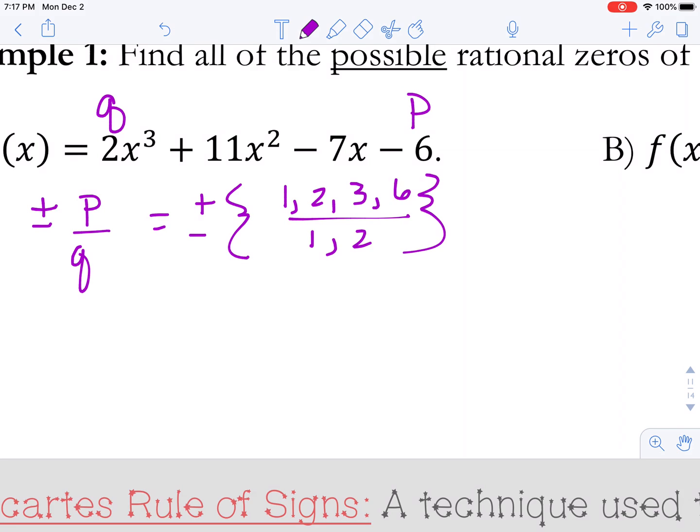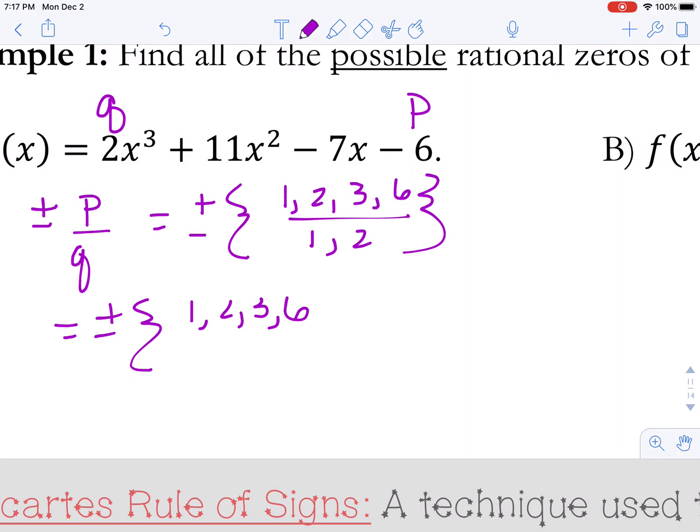On the bottom, we could have factors 1 and 2. So I have to look at all of the possible rational zeros. So that final answer is going to be plus or minus. And again, I'm going to put it outside because I could have plus or minus either one of these. So I have everything on top: 1, 2, 3, and 6.